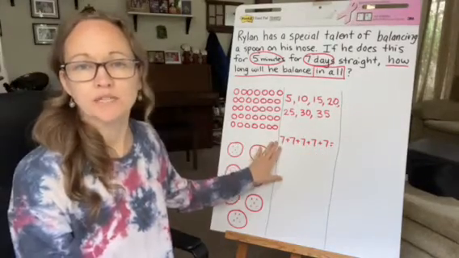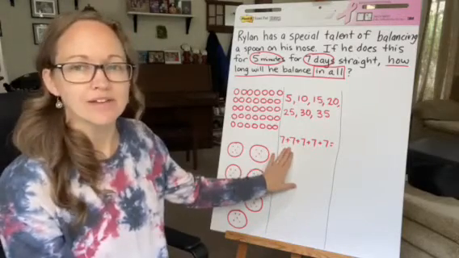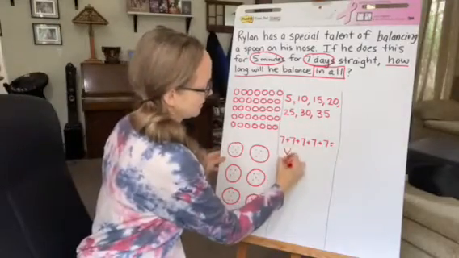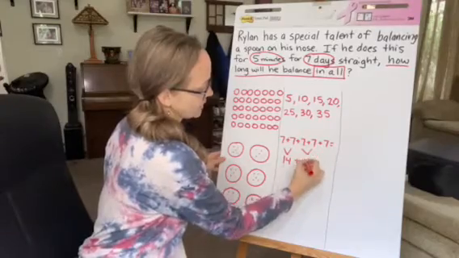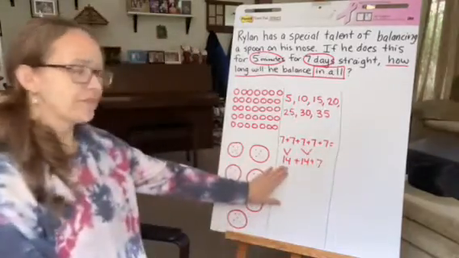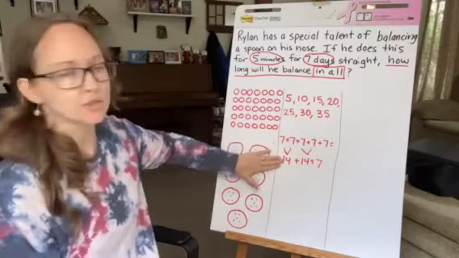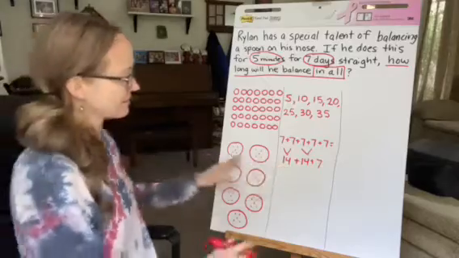All right, now we can group these sevens using our doubles facts. We know that 7 plus 7 equals 14. Another 7 plus 7 equals 14. And now we have a new addition sentence. We've gone from 5 add-ins to 3. So let's add the 14 and the 14.